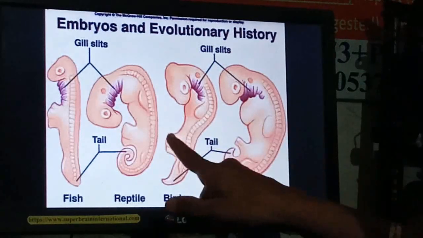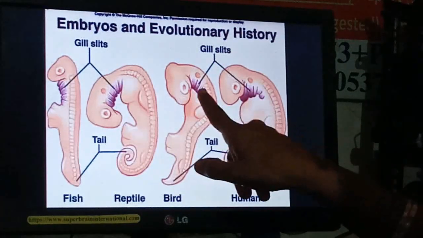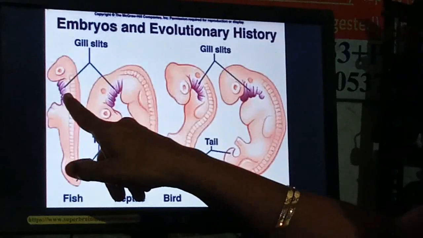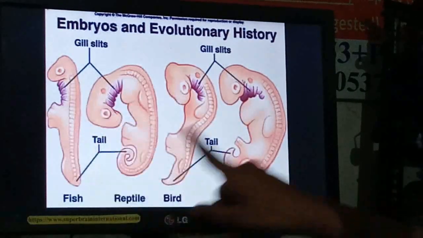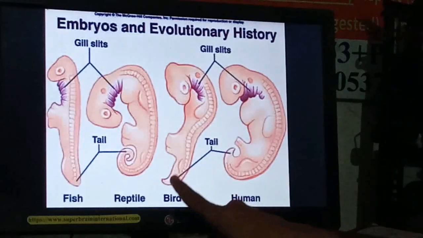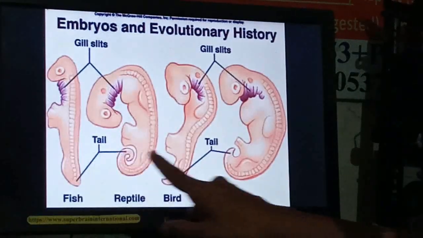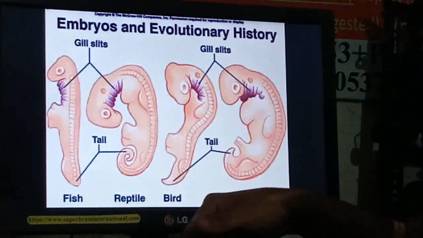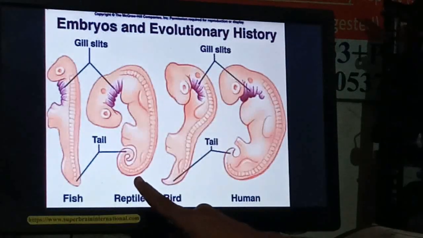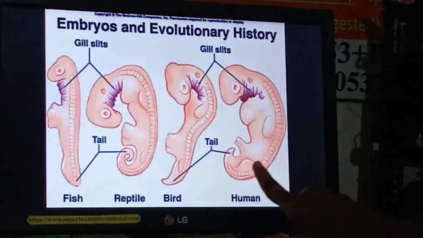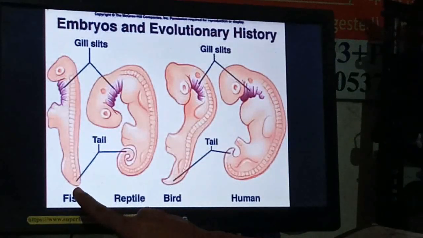But if you see their embryos, they have gills in their embryonic condition for respiration. Common structure? Yes. And at the end, here there is a tail. Everyone has a tail. In fully evolved forms, reptiles have a tail, otherwise no other organism. Even fish have fins in the form of a tail.